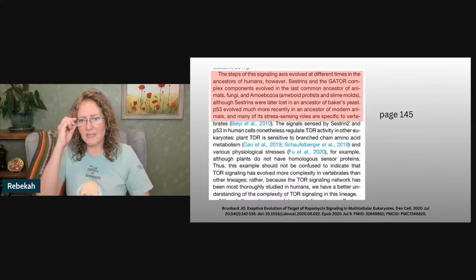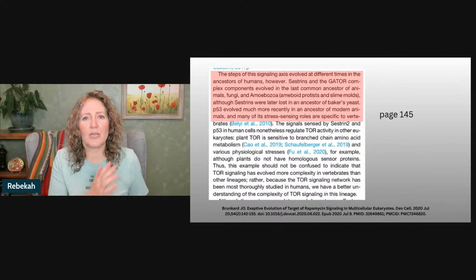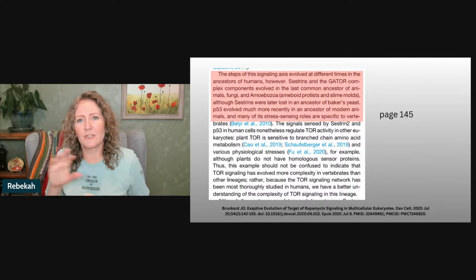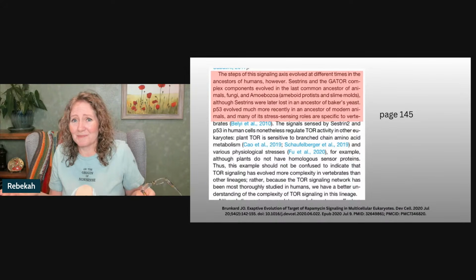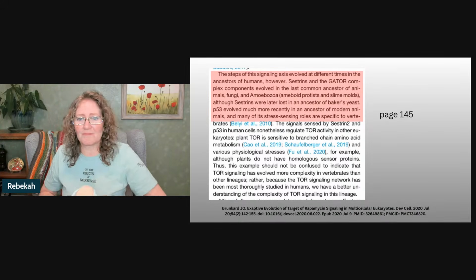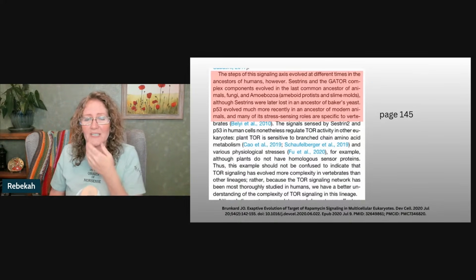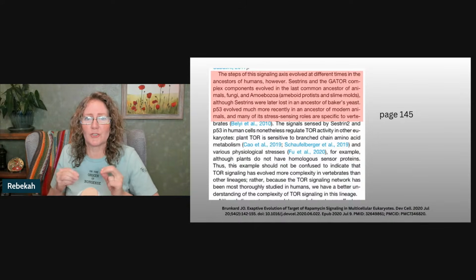Do you notice that? Is there any evidence given? I can tell you that throughout this paper, what they are using as evidence is just their comparison of various organisms. They're assuming evolution happened, and they're saying, hey, this happened, then this got lost, then this evolved more recently. Why are they saying that? It's because of a commitment to their evolutionary timeline.